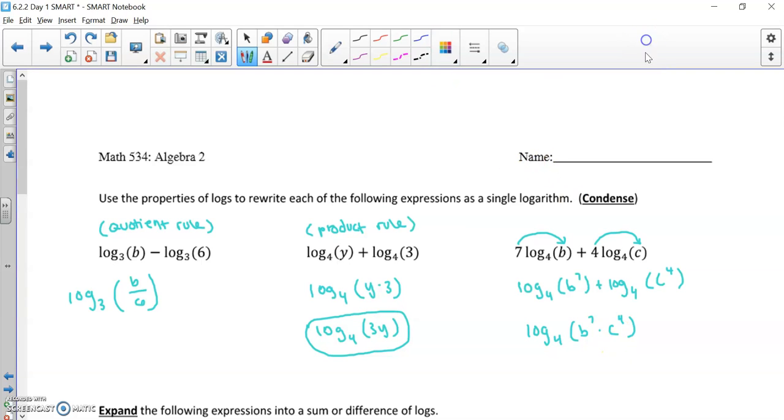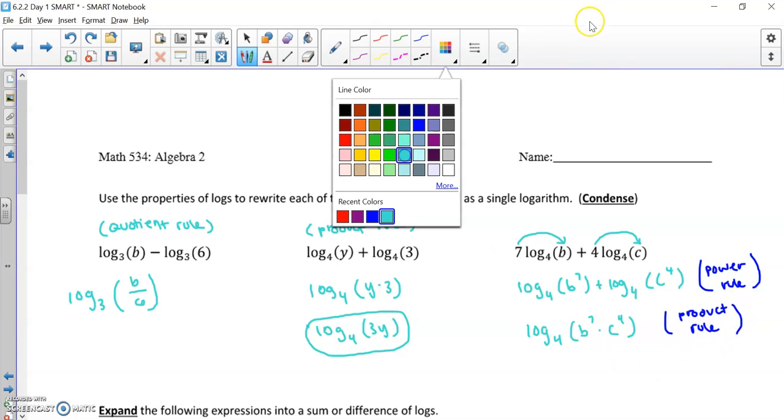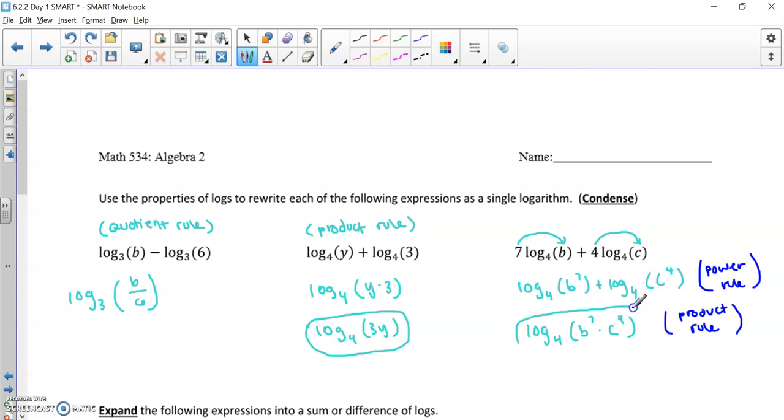So it's important to note here that first we used the power rule, and then we used the product rule. Okay, and this is as far as I can condense it. So I am done with that problem.